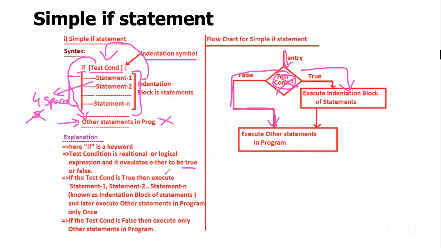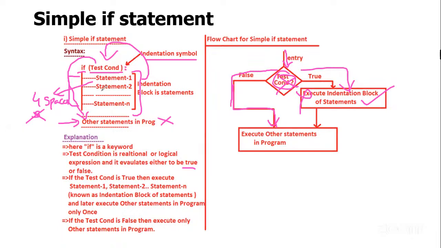If the condition is true, then it executes the block of statements. The indentation block of statements gets executed. What if the condition is false? It does not enter. It does not execute these block of statements. It skips them, goes to the other statements in the program.